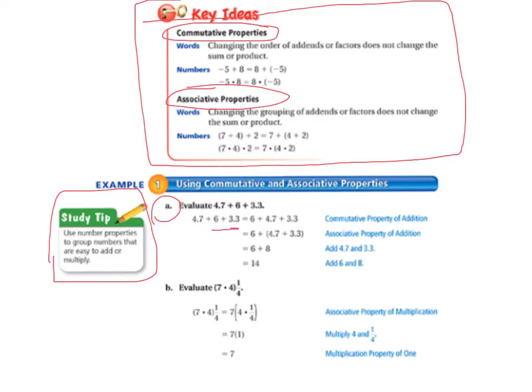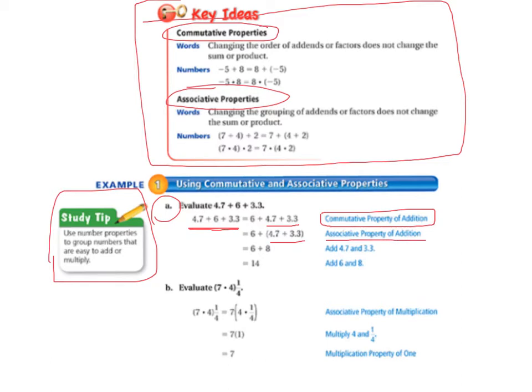When we look at that, it looks pretty messy, but if we just reorganize the numbers so that we have 4 7/10 plus 3 3/10 together, we're using our commutative property of addition. Then we group 4 7/10 plus 3 3/10 together, so we're using our associative property of addition.